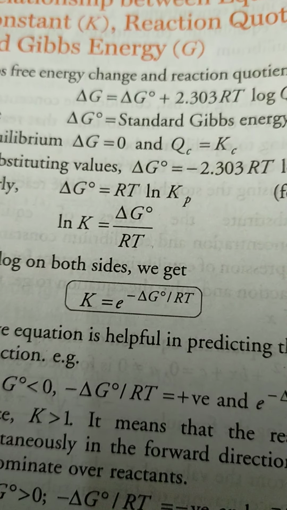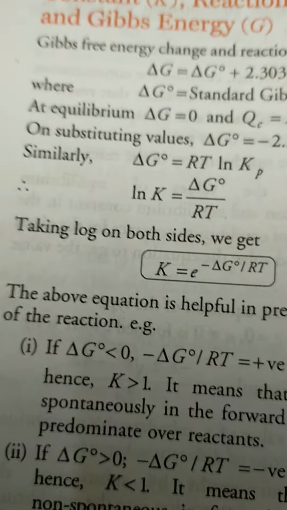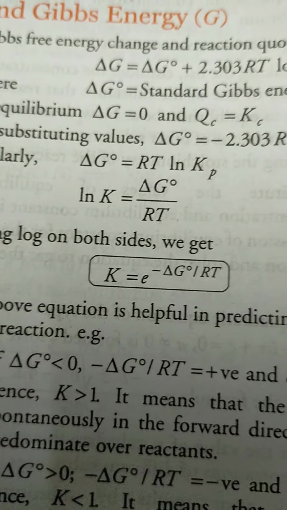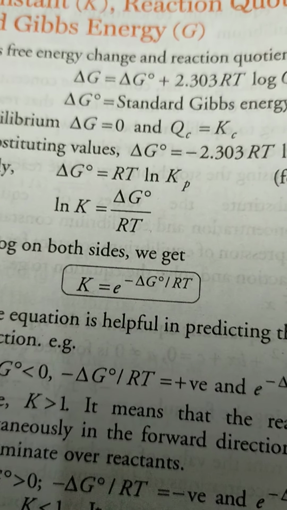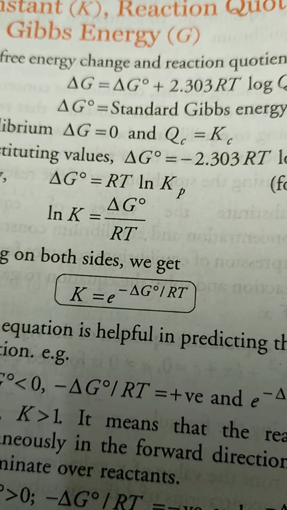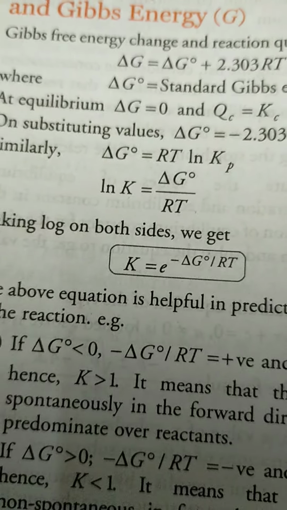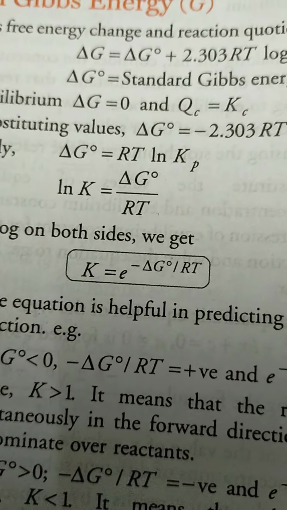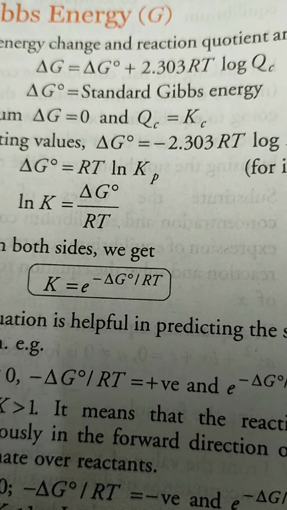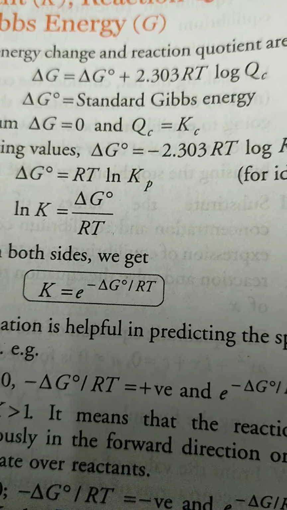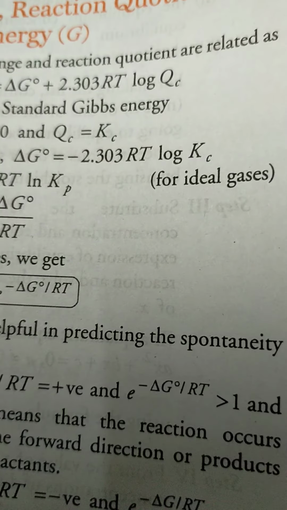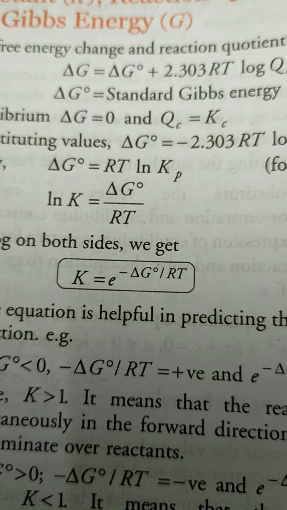Delta G naught is the standard Gibbs energy. At equilibrium, delta G is 0 and the quotient Qc is equal to Kc. On substituting the values, delta G naught is equal to minus 2.303 RT log Kc.